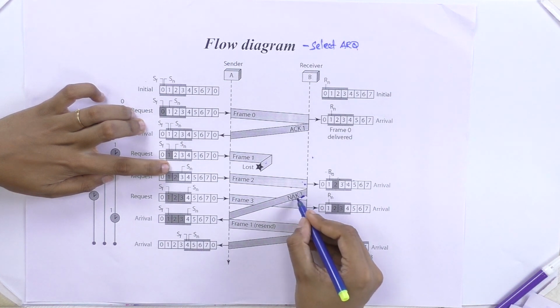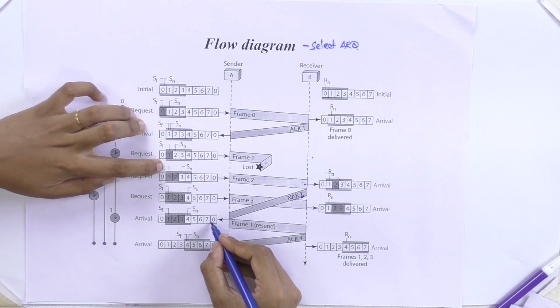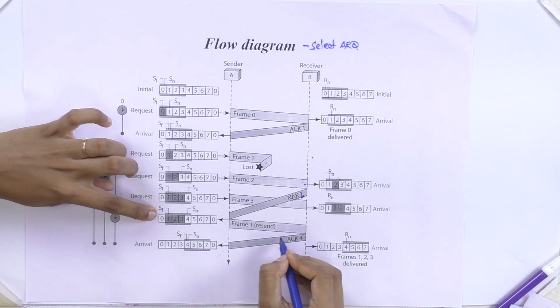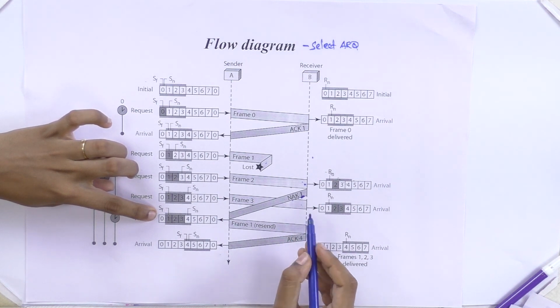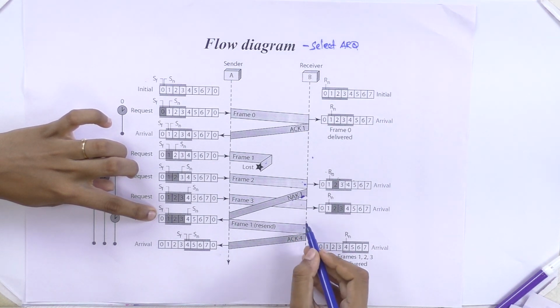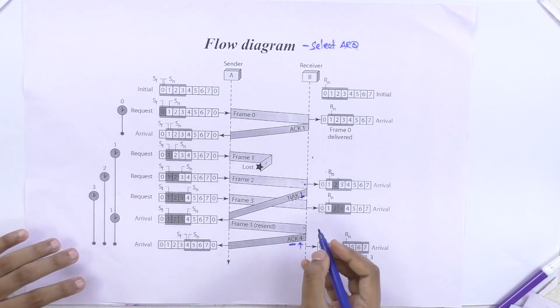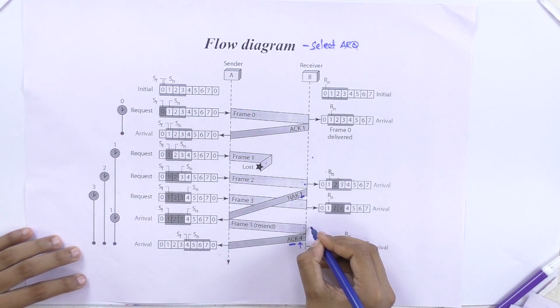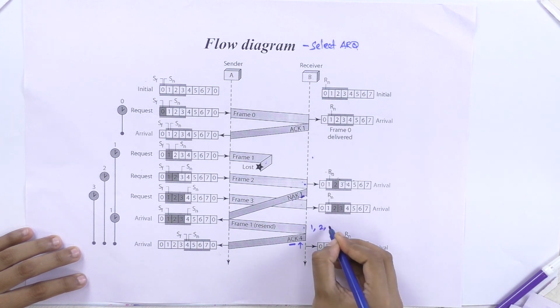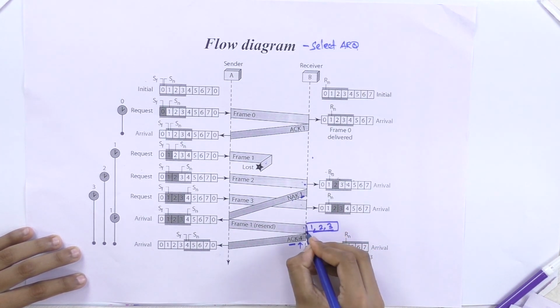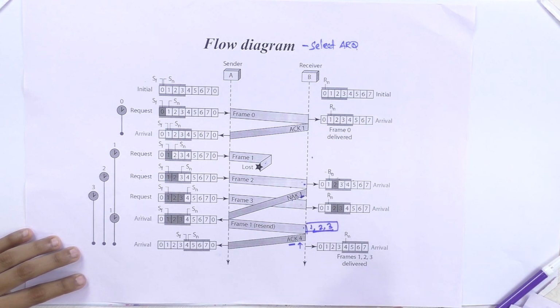So he gives a negative acknowledgement that frame 1 has not yet arrived to the sender. So the sender resends the frame, and upon receiving the frame, as a whole I receive an acknowledgement 4, which means that I have received frames 1, 2 as well as 3. This acknowledgement 4 gives a cumulative acknowledgement for all these frames.